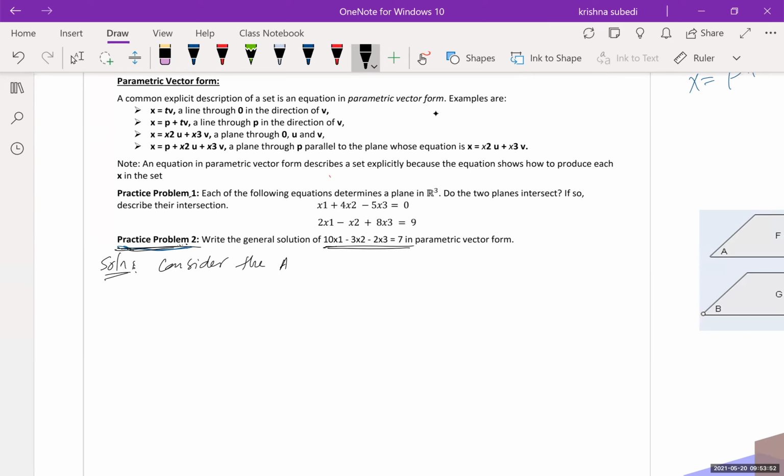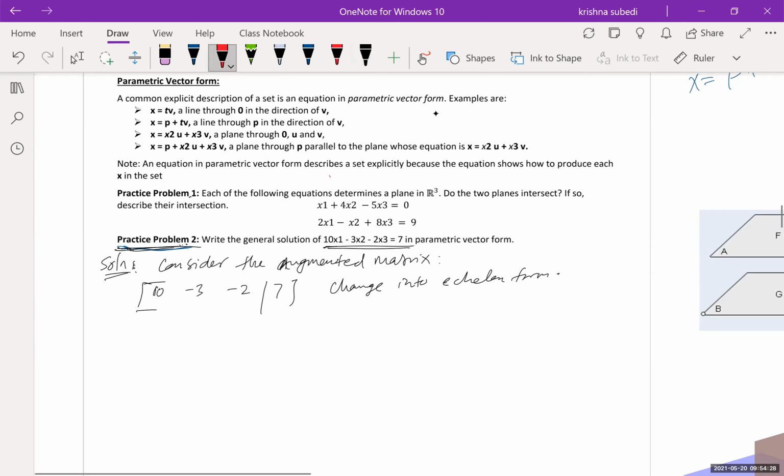Consider the augmented matrix, which is 10, -3, -2, and 7. Change it into echelon form. Well, it is already in echelon form, right? It's just one row.